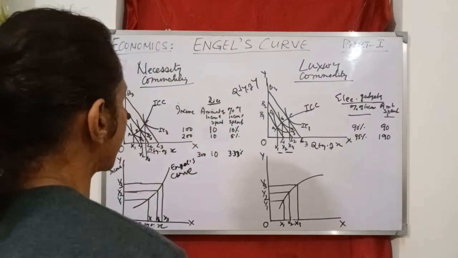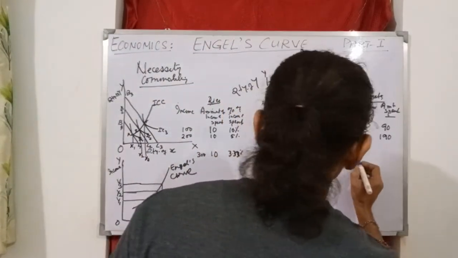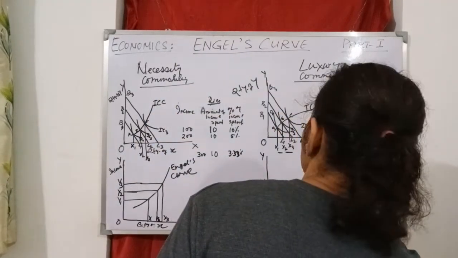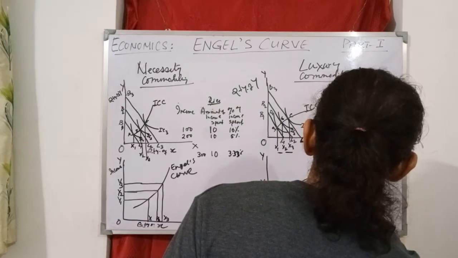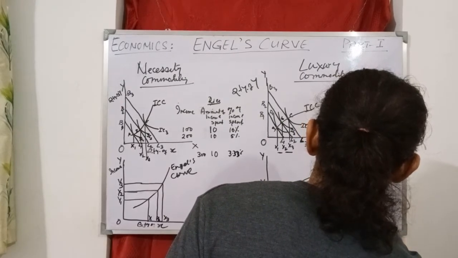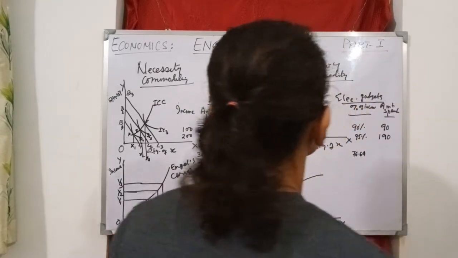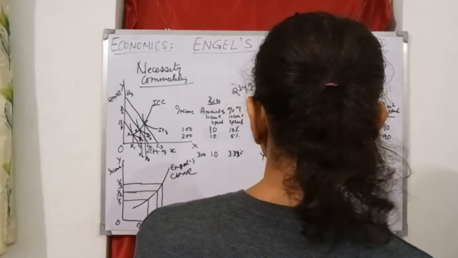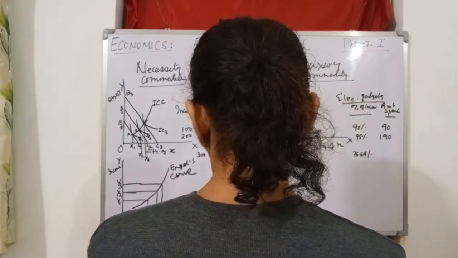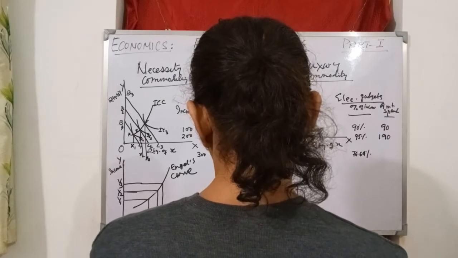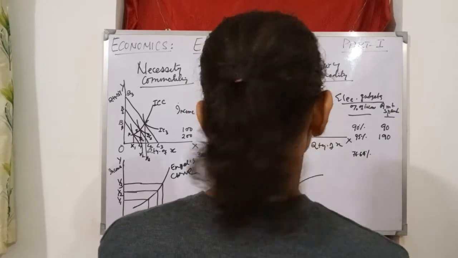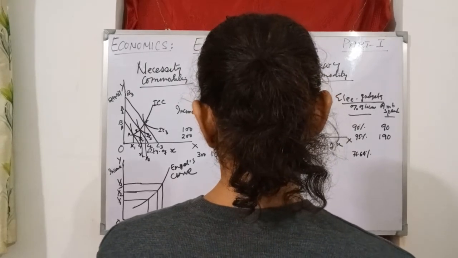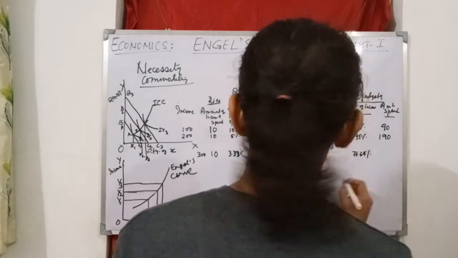So now he can spend how much percent? 100 minus 3.33%, that is 96.67%. That is, now he can spend in absolute terms how much? About $290.